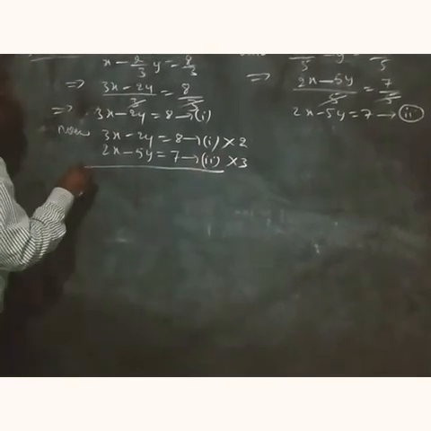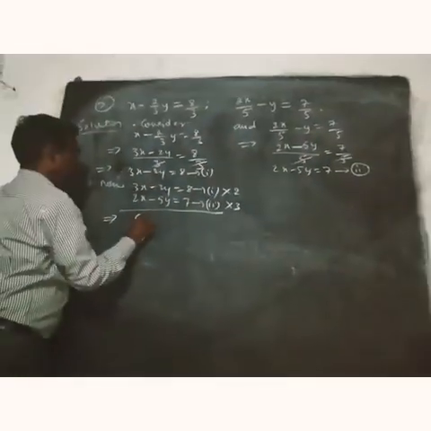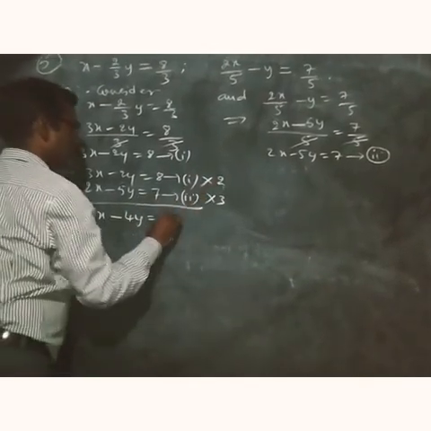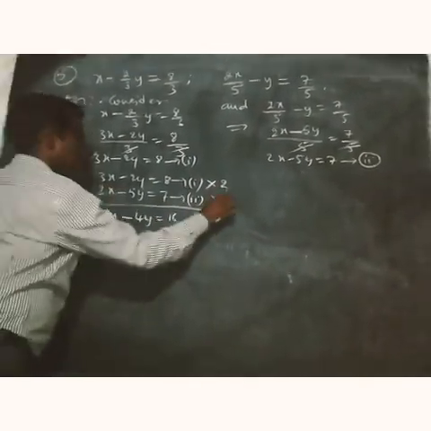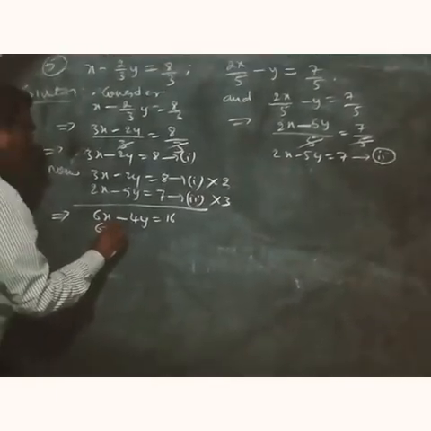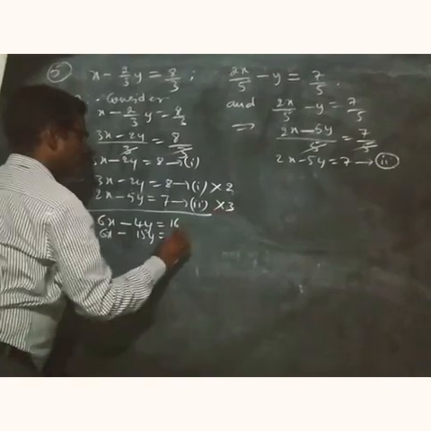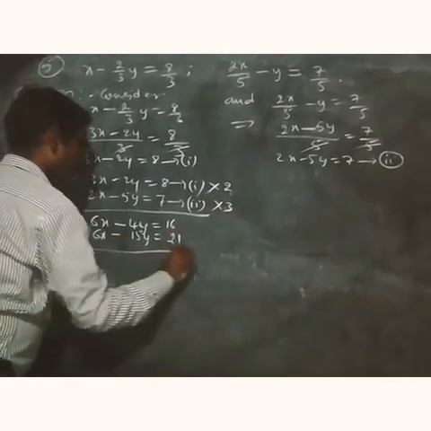Now this implies 3 2s are 6x, 2 2s are 4y, 8 2s are 16. 3 2s are 6x, minus 5 3s are 15y, 7 3s are 21. Now subtract.